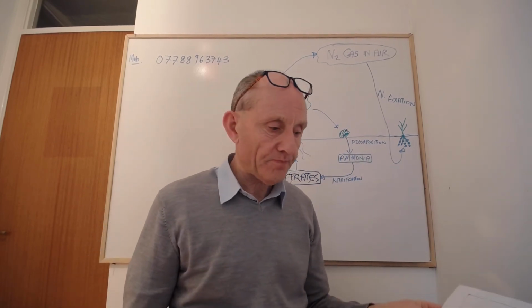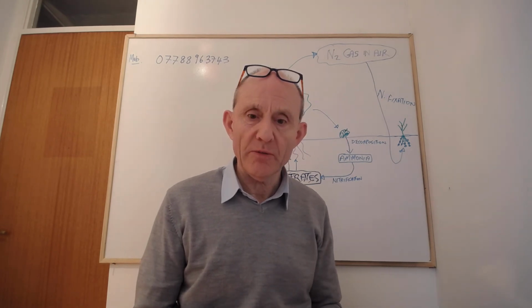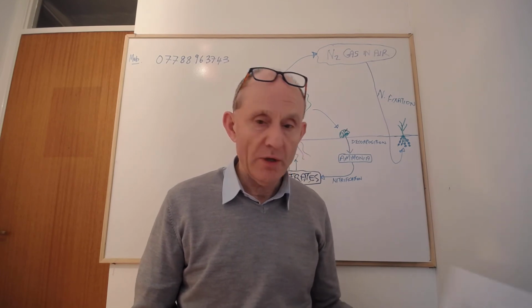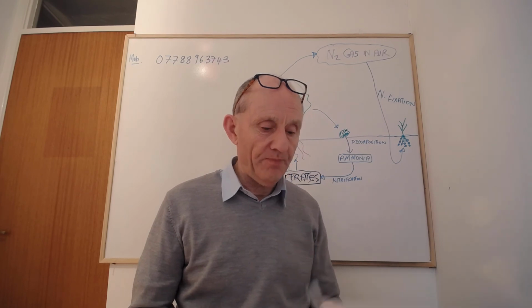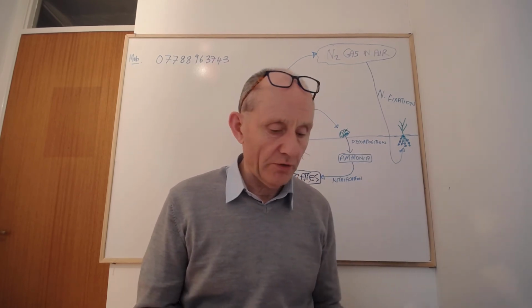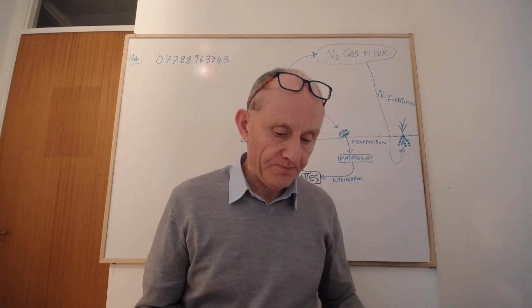Now, no amount of me talking to you about these nitrogen fixing bacteria would really benefit you nearly as much as actually doing a question. There are several questions on this. Let me just see if I can focus in on them.